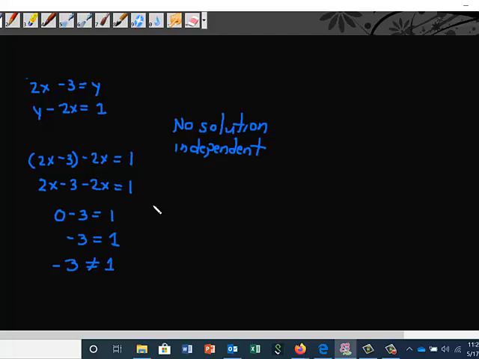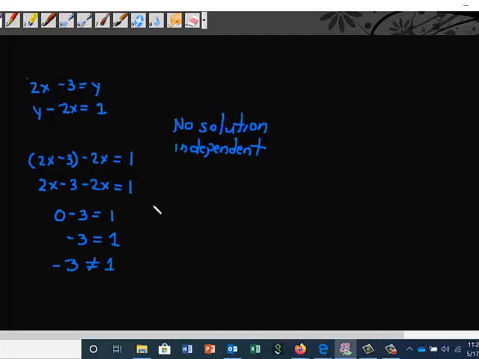One graph might seem different, but if you simplify one of the equations, it's going to be exactly like the other equation, which means those two equations are going to overlap each other when you actually graph the system. So let's do an example of that right now.